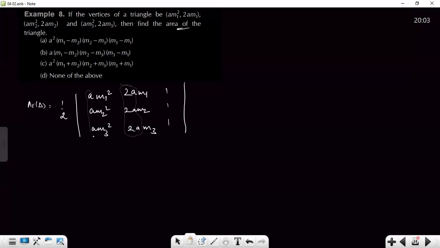a is also common in the first column. So taking a common from the first column, into 2a common from the second column, divided by 2.